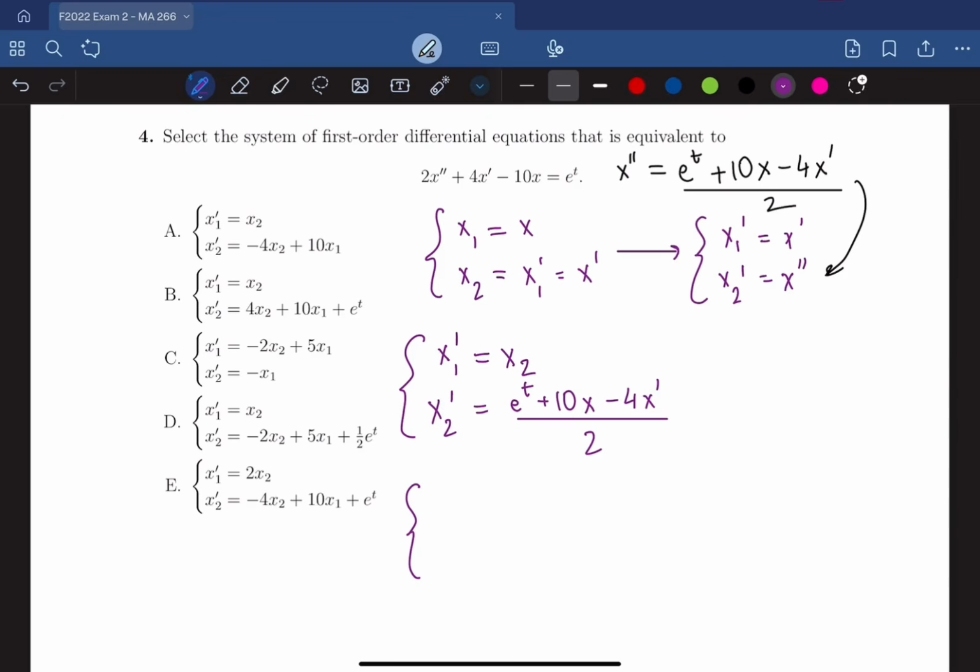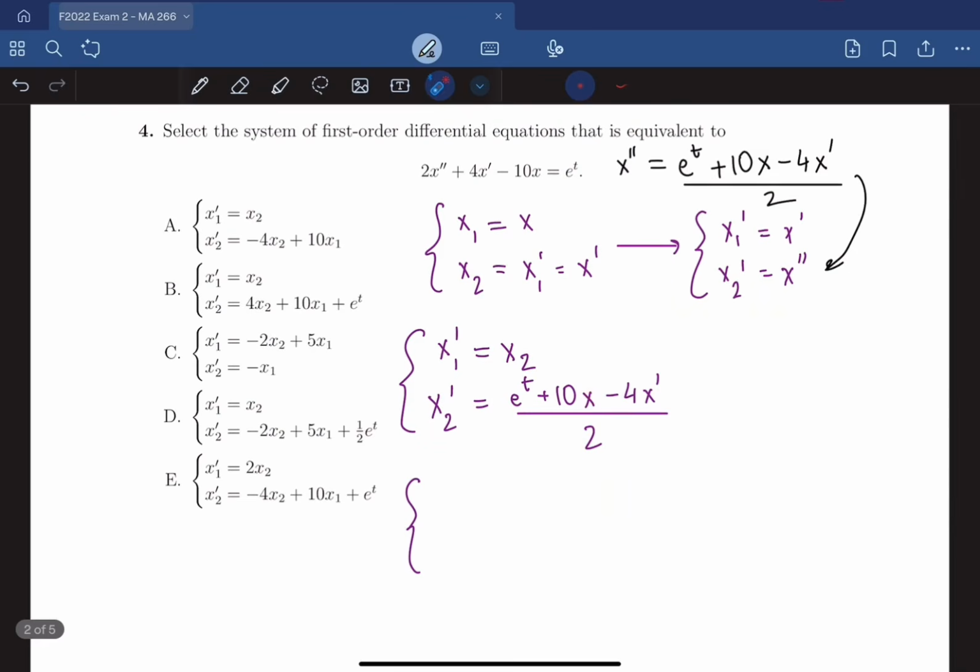So all we have to do now is substitute this x and this x prime for either x1 or x2. So x is x1, as we defined up here, right?